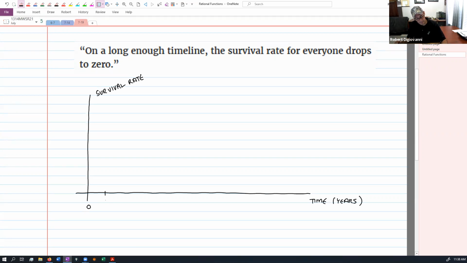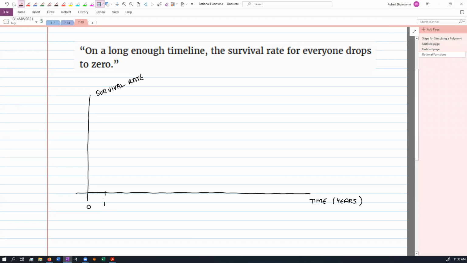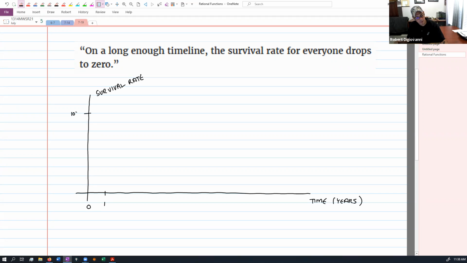Yes, okay. So I'm going to put 1 here. So let's say up here, I'm going to put 100% to mean guaranteed they'll be alive. So could you say that 100% they will live to be 1? Can't say 100%, right? Some kids will not reach the age of 1, but most will.